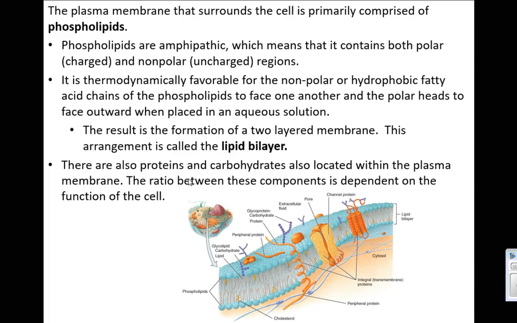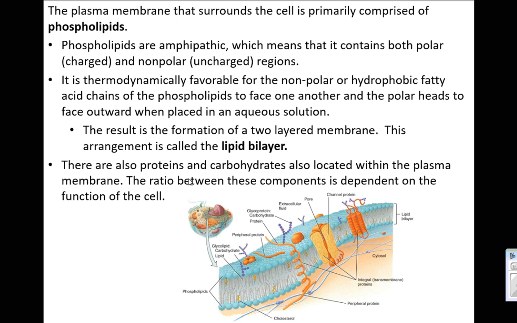All right. What we're going to do now is transition to the outside of the cell and talk about the plasma membrane. That outer boundary, which we learned about the other day because we talked about the primary structures that form it.